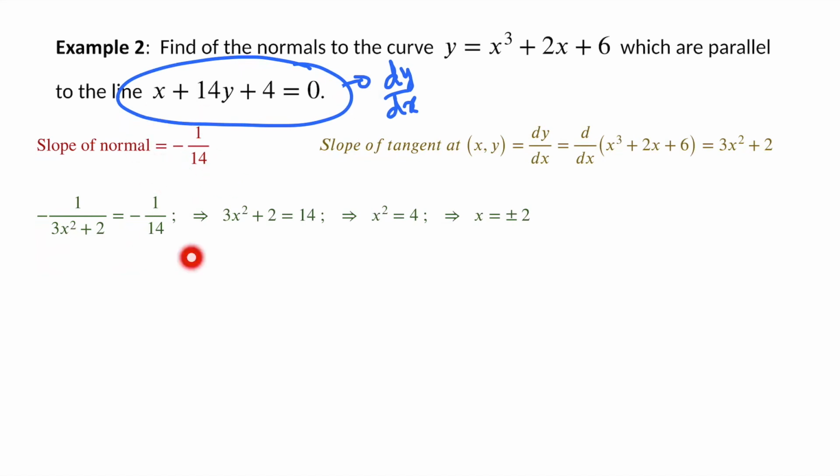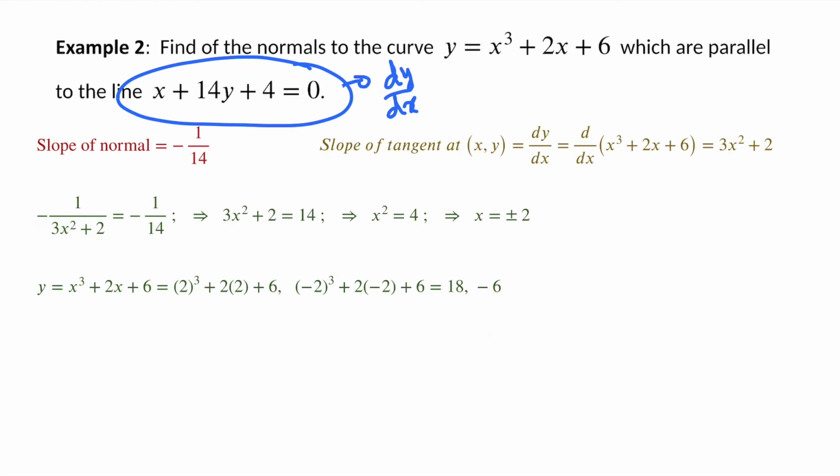And by solving this equation, we get two possible values of x. So you see here that there are 2 points on this curve where we have normals with this particular slope, minus 1 by 14. So x could be plus and minus 2, and corresponding to those two values of x, we substitute them back into the equation of this curve to get two possible values of y, which come to 18 and minus 6.